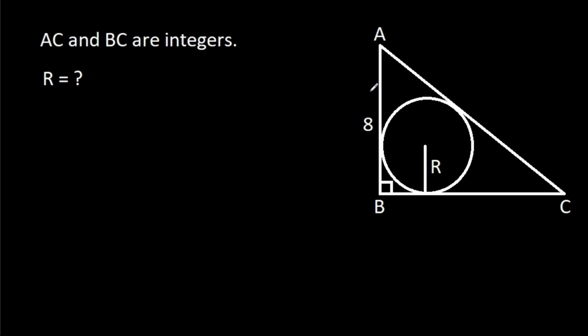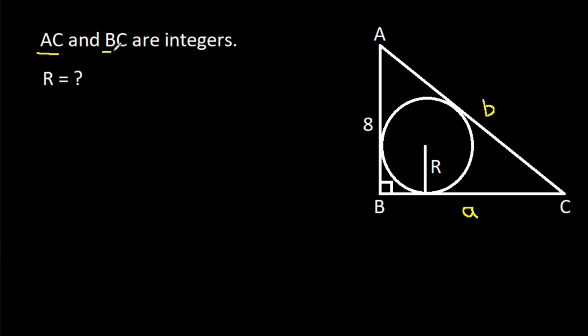In this video, we have been given that AB is 8 and AC and BC are integers. Then we have to find the radius of the circle. So, suppose BC is a and AC is b.